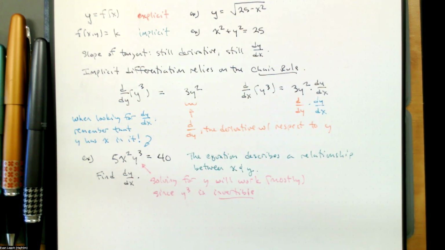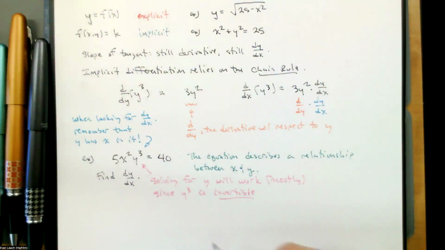The cube root of y will cancel out a cube of y. The reason I bring this up is that if we had a y squared, like we had in the problem last week with the circle, what's happening to y is not invertible. So we have to know that it's not invertible and know what the consequences of finding the square root of both sides are.